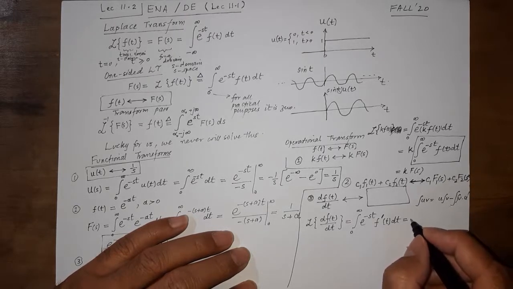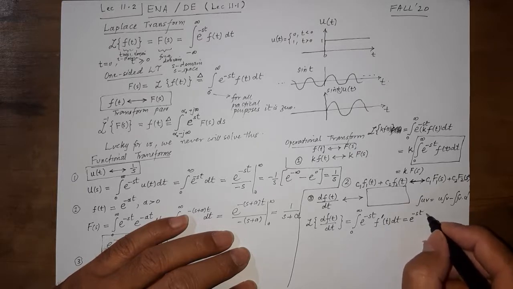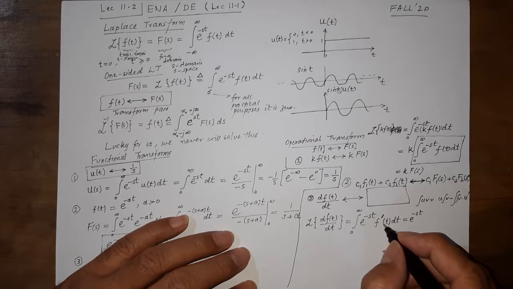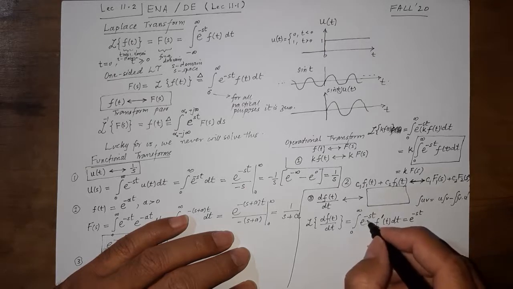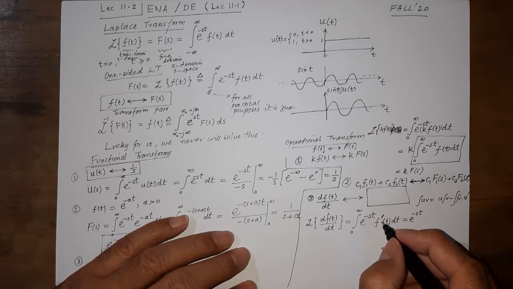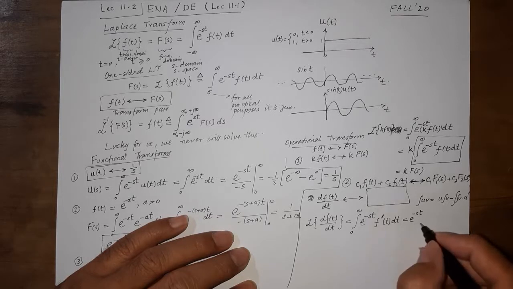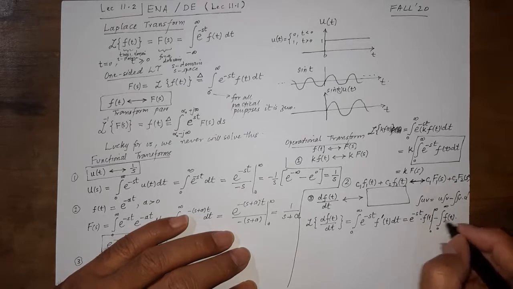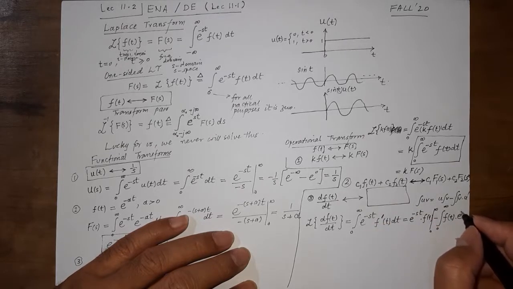Using this we can write e^(-st) times the integral of this thing, which will be the function itself, minus the integral with limits from 0 to infinity of f(t) times the derivative of e^(-st). The derivative of e^(-st) is e^(-st) times minus s, because the derivative is with respect to t.